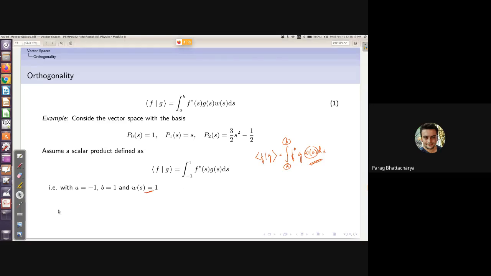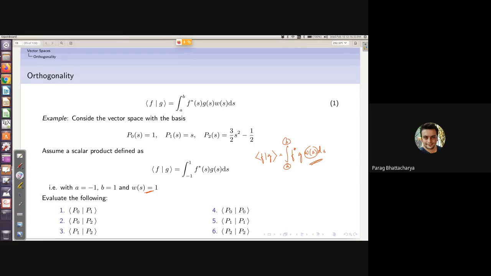With this, we'd like to evaluate the scalar products of P0 and P1, P0 and P2, P1 and P2, P0 and P0, P1 and P1, and P2 and P2. Let's try this out.